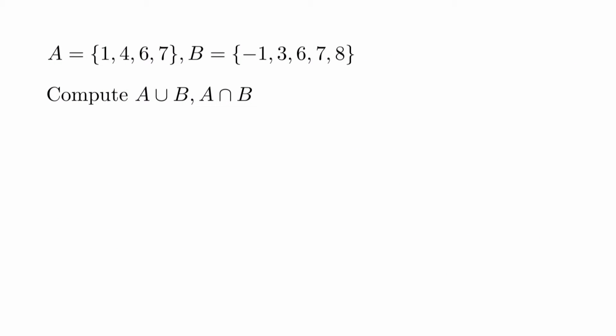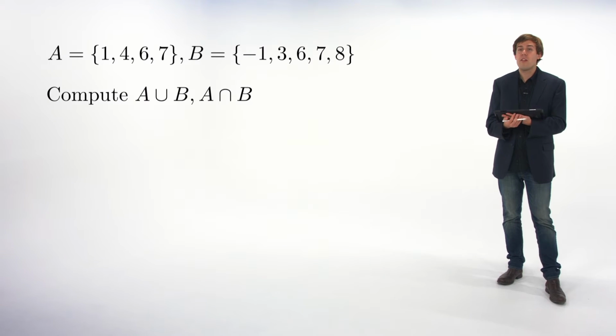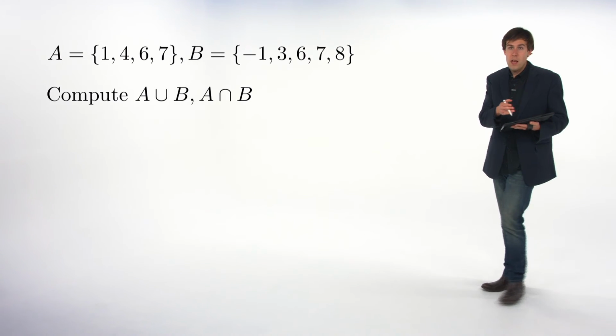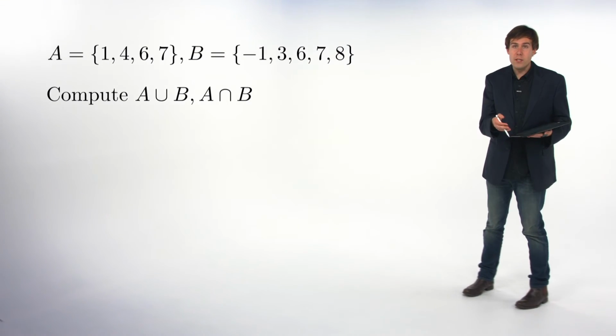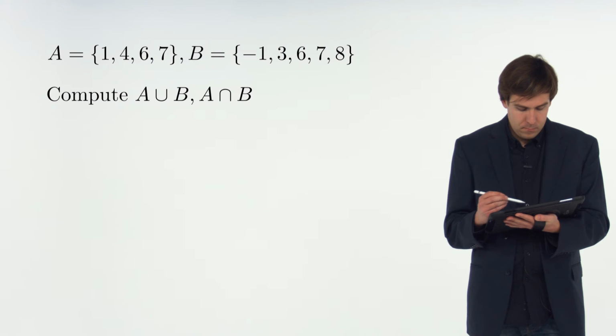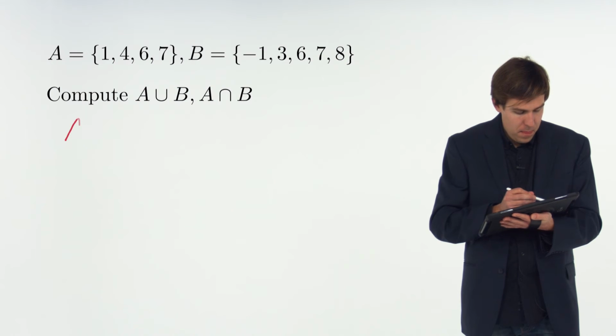So just a nice warm-up example here. I'll take as my first set the collection of points 1, 4, 6, and 7. And as my second set, the collection of points -1, 3, 6, 7, and 8. Let's compute the union and the intersection. The union is the things that are in either of them.